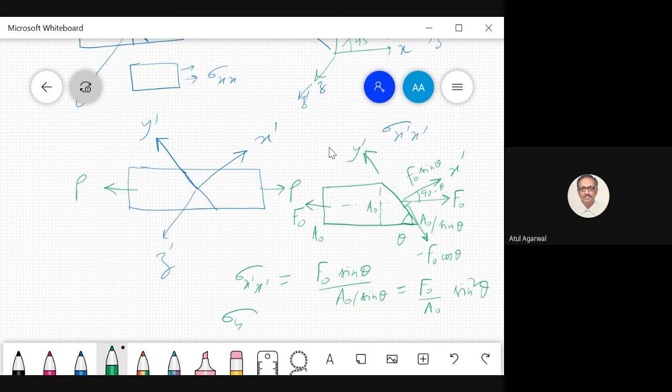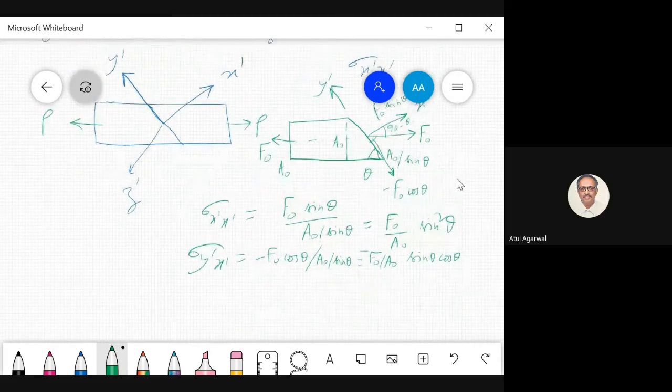What is my sigma y prime x prime? Force component is minus F naught cos theta. Area normal is A naught by sine theta. Any problem? No, sir. So this is the way I get these stresses.